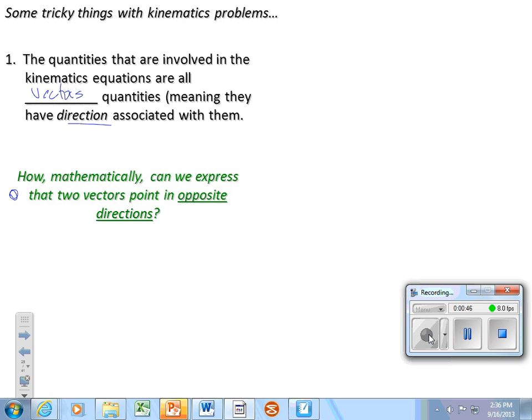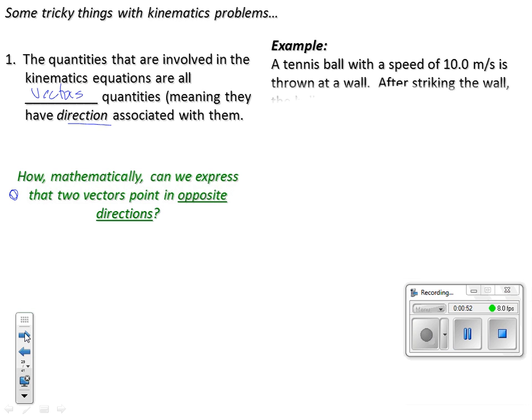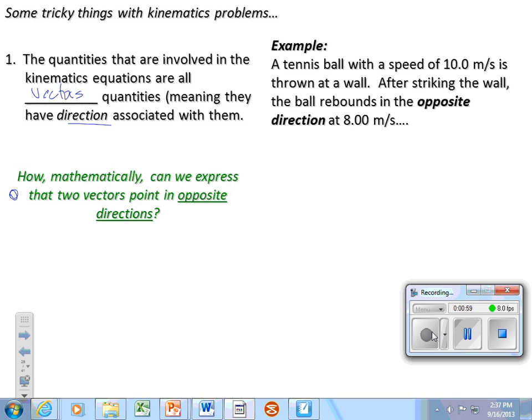So for example, you saw a question like this one. This ball is going one way at a speed of 10 meters per second, and then it ends up going in the opposite direction at 8 meters per second.